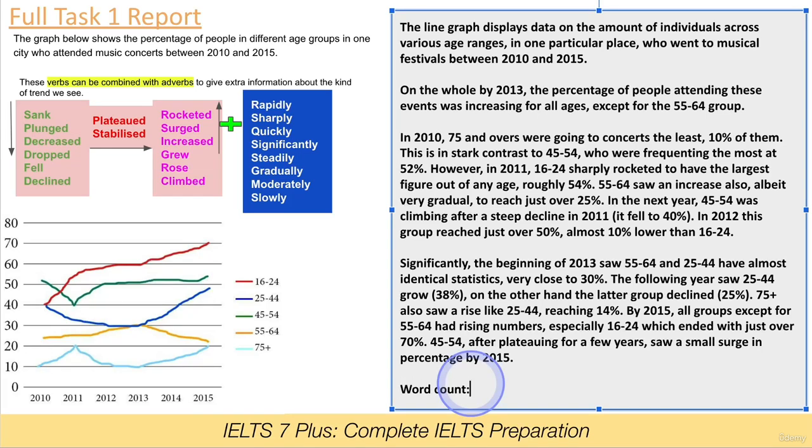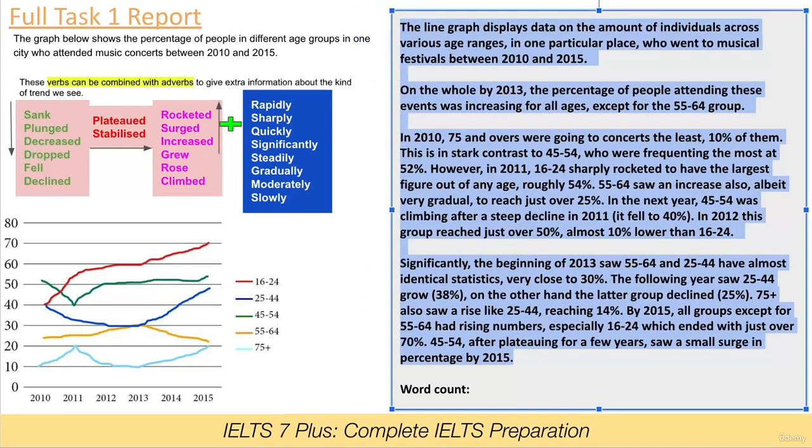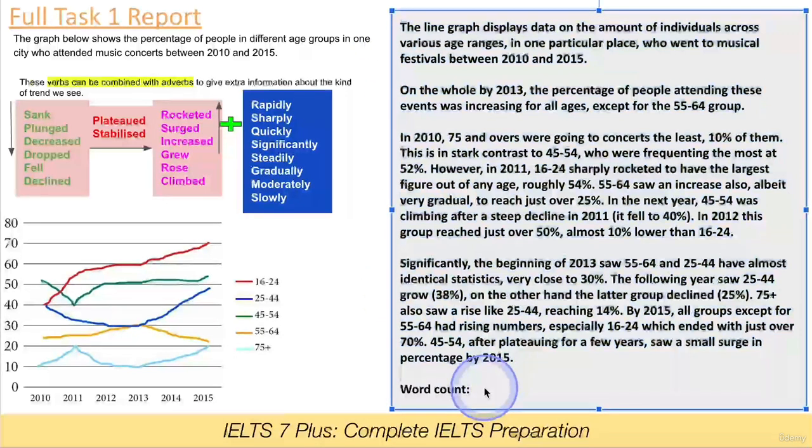Okay, so we've looked over our answer, making sure it's all right. Let's check the words. All right, so this comes to, for my calculations, 212 words. So yes, over the 150 minimum, but there is no limit. So there's no upper restrictions on words.